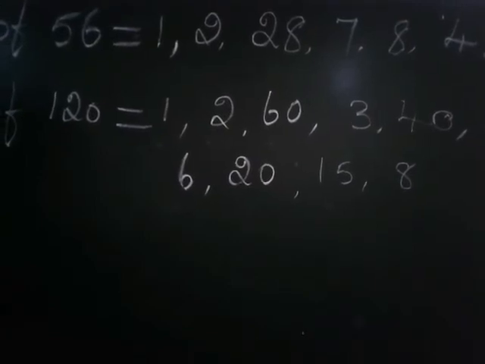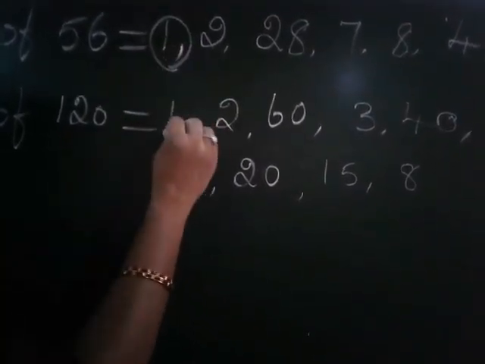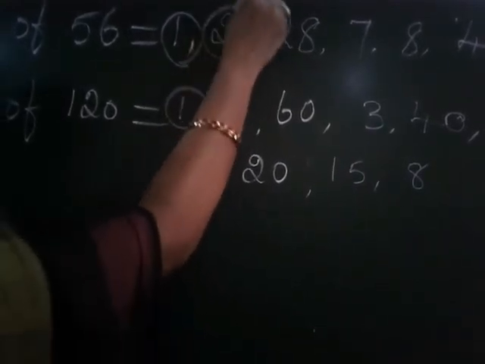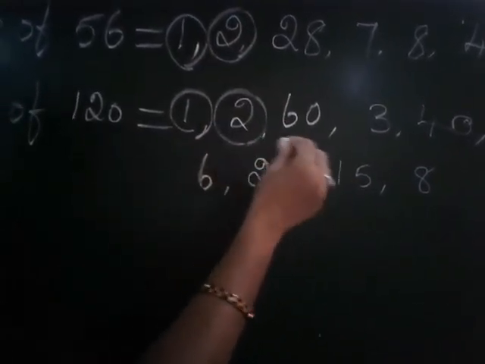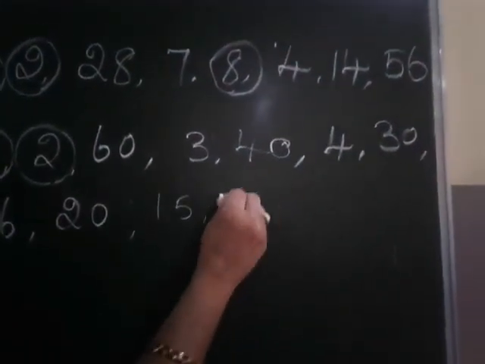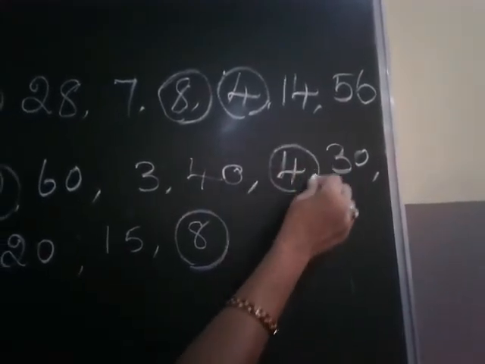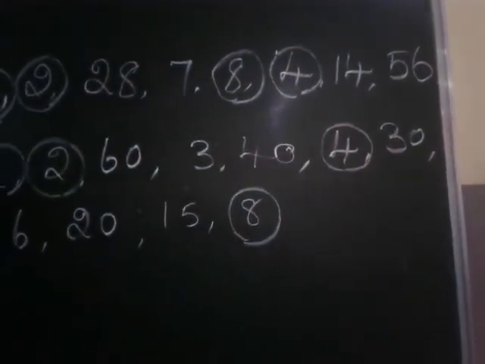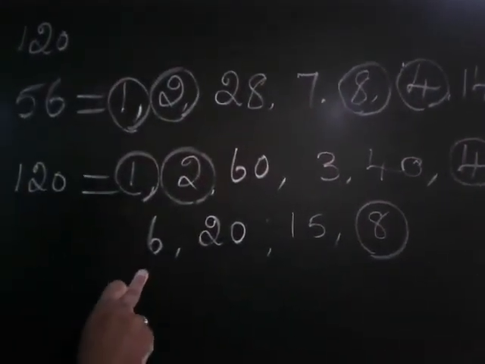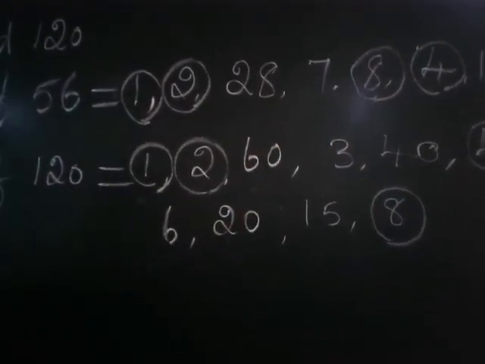Okay, now we want to circle the common factors. 1 is a common factor, and 2. The next, 8. The next, 4. Is there any other? 6 is there. For 56, which table will go?